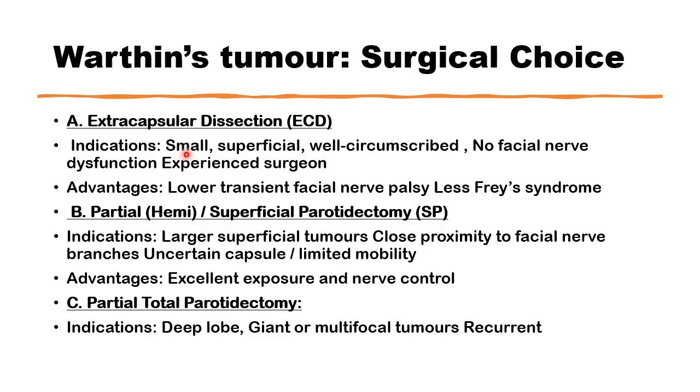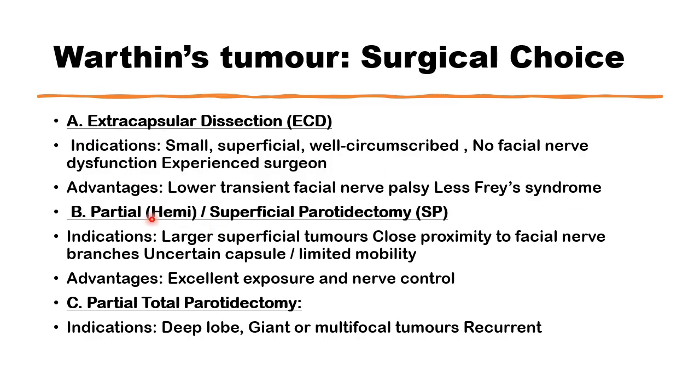The advantage, of course, is a lower risk of facial nerve injury, particularly transient or temporary facial nerve injury, and less morbidity in the form of Frey's syndrome and other minor complications of parotid surgery.